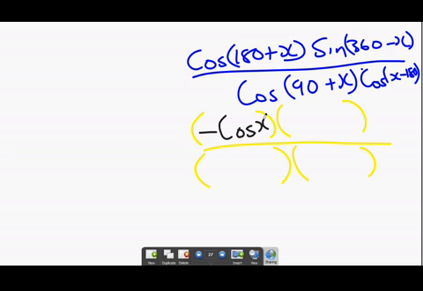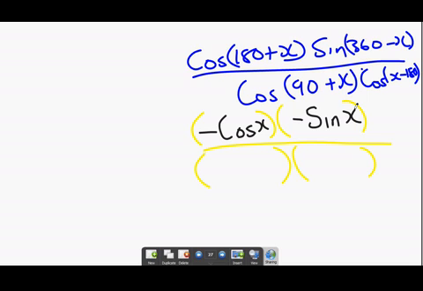Then let me go to the next one, sine(360 minus x), which on my calculator I press sine(360 minus 30). Once I've pressed that, I realize sine(360 minus x) is a negative. So I put the negative there, and because there is 360, it remains a sine. Remember, 180 and 360 don't change the sign. So this is going to be sine x.